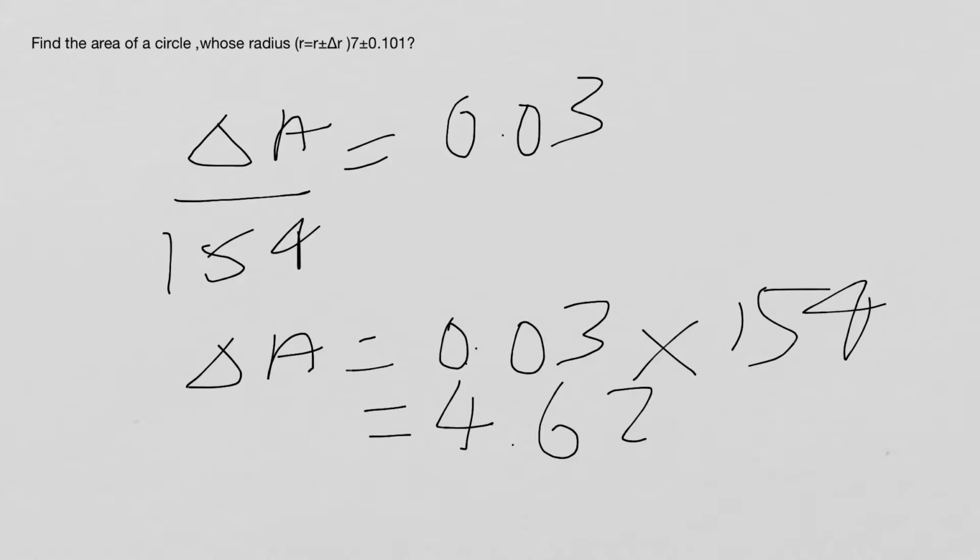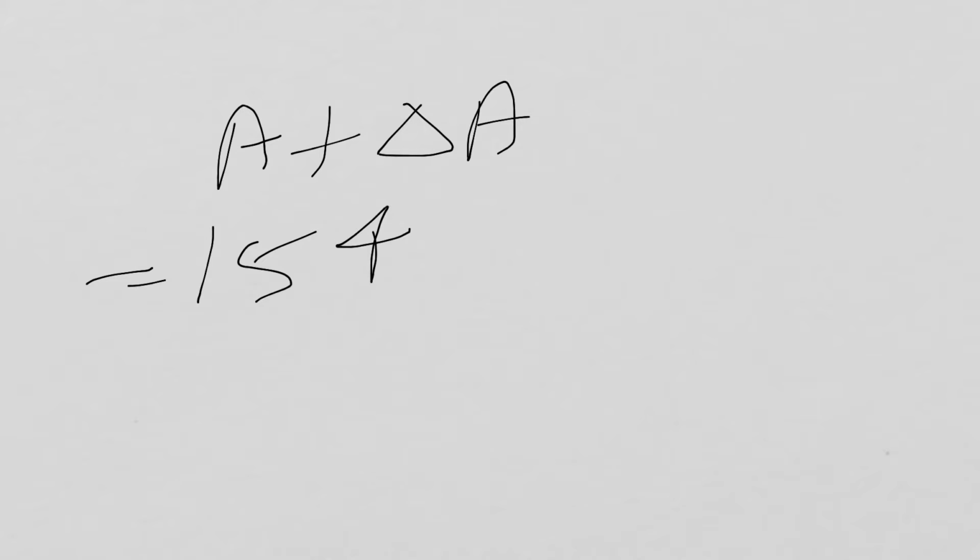Now we want to find the percentage uncertainty. So now we will write it the way you have to write it. For the area, you write a plus delta a equals 154 plus or minus 4.62, the value we got.